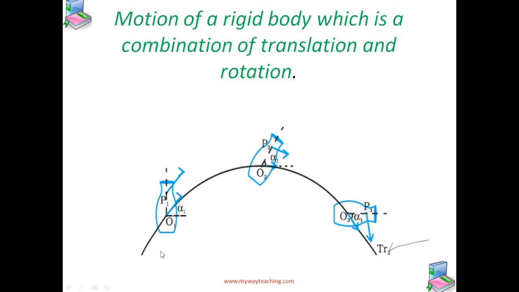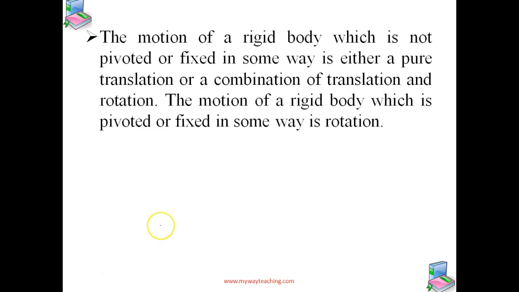So now we recapitulate the most important observations of the present section. The motion of a rigid body which is not pivoted or fixed in some way is either a pure translation or a combination of translation and rotation. The motion of a rigid body which is pivoted or fixed in some way is rotation.